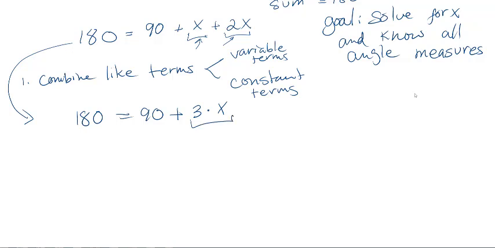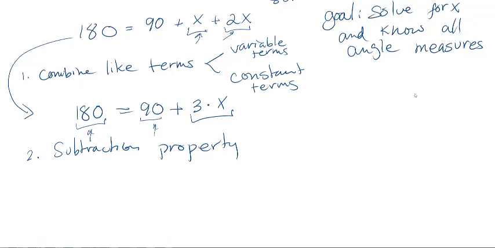Now, let's try to do the same thing for the constant terms. But for the constant terms, we have a slightly more difficult problem because they are on different sides of the equation. We have one here and one here. So what we're going to do is we will use the subtraction property of equalities in order to simplify this.